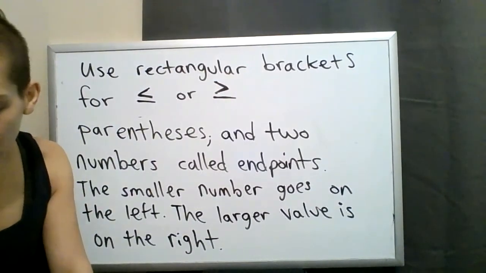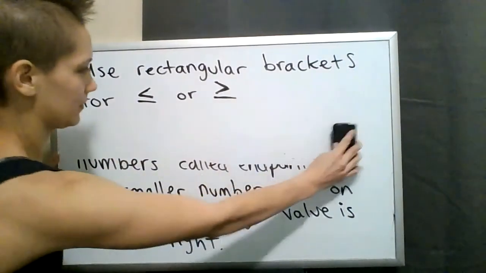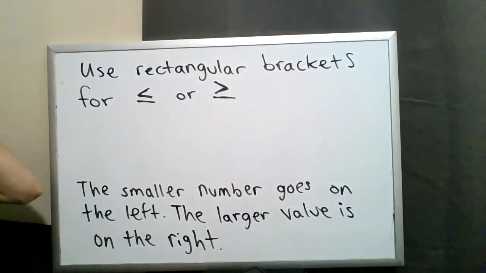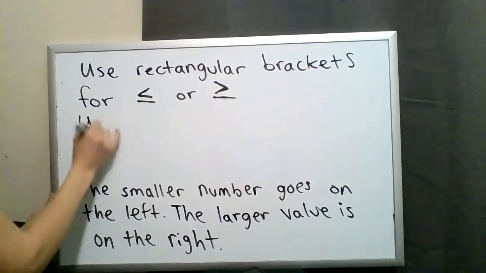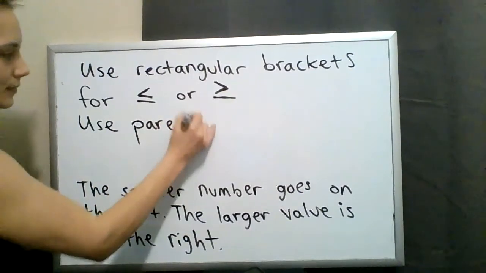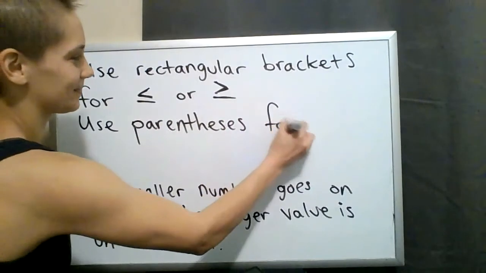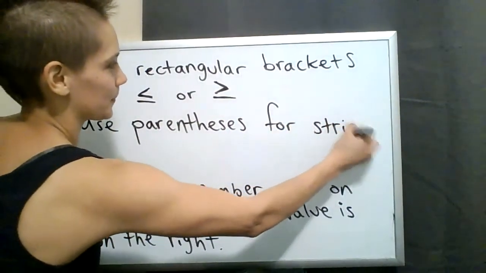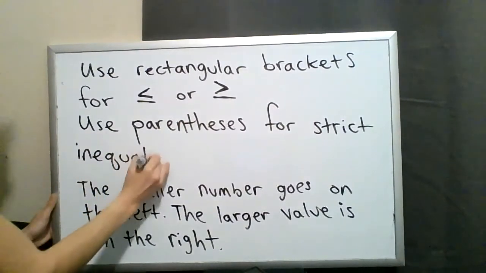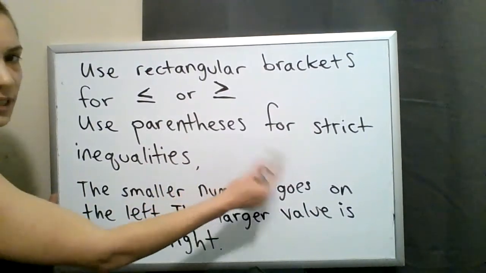Use parentheses for strict inequalities. Those are the strictly less than or strictly greater than.